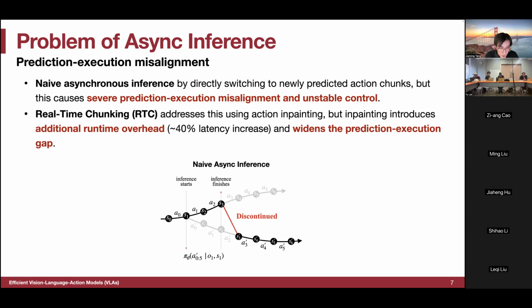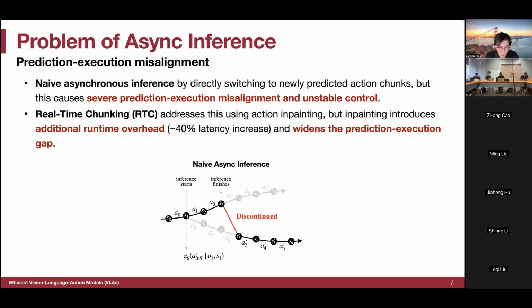Real-time chunking from Physical Intelligence addresses this problem by action inpainting. So it does the inpainting between the old and new trajectories, which is a very clever and interesting idea. But it also introduces additional runtime overhead, which is about a 40% latency increase.